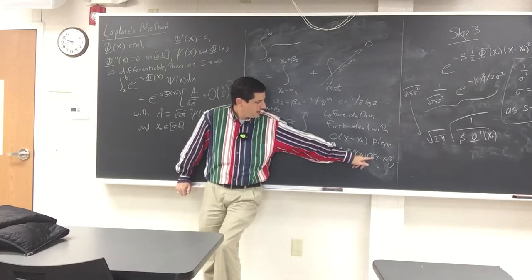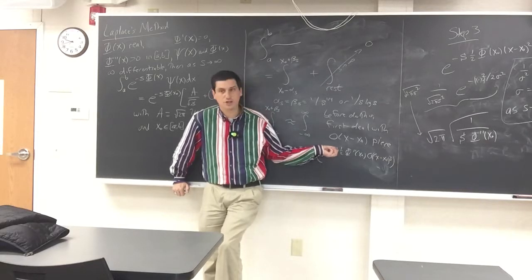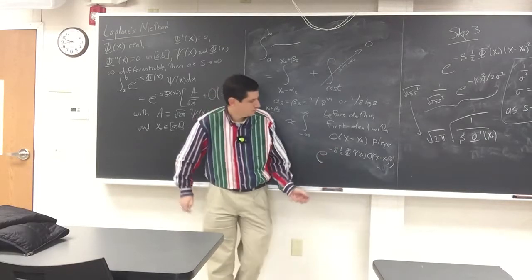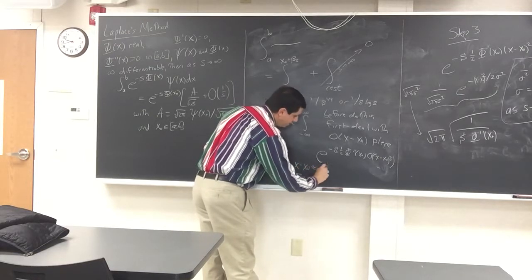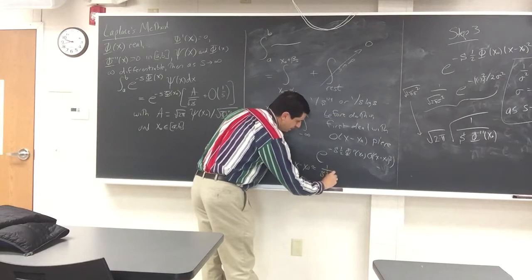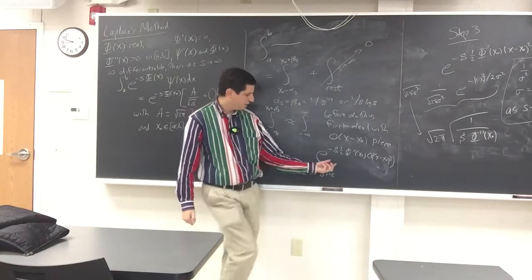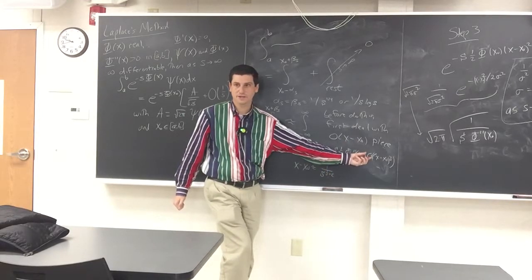So roughly, how large can x minus x0 be? If it's like 1 over s to the 1/3, then even when I cube it, it's not going to be too bad. So if I had x minus x0 roughly of size, say, 1 over s to the 1/3 plus epsilon, then when I cube this, I'll have a little bit smaller than 1 over s.